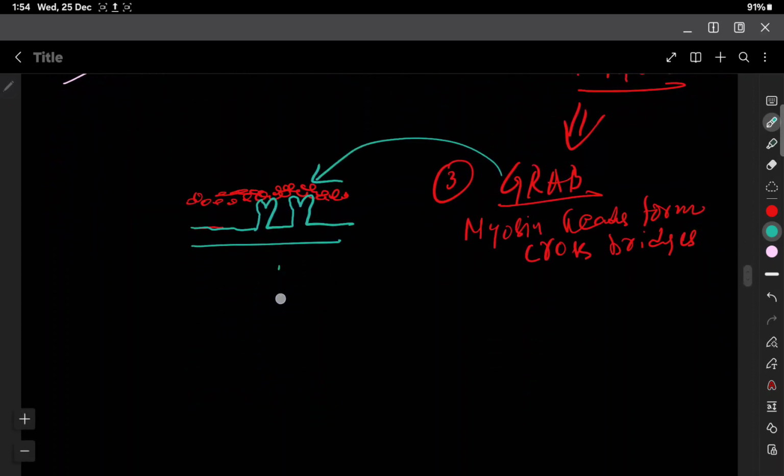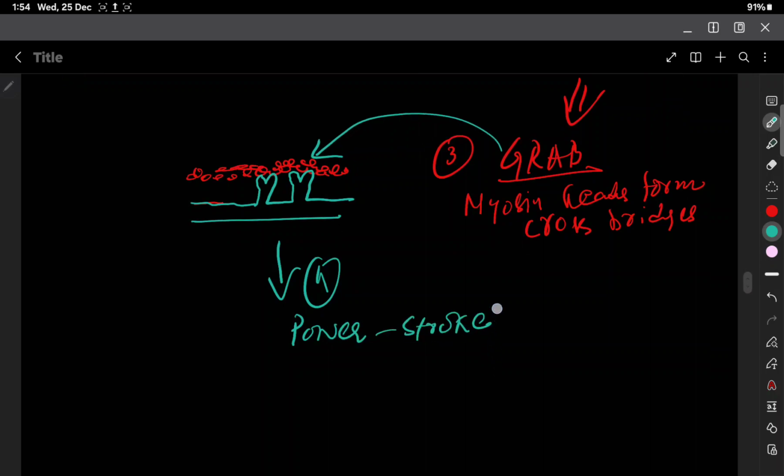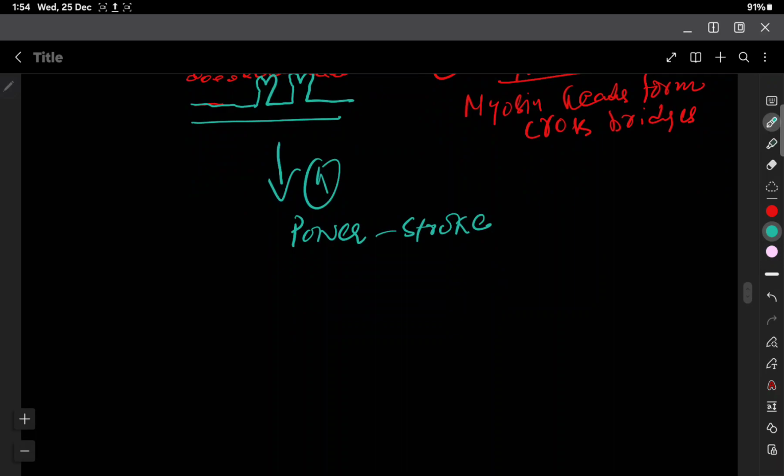Now the fourth step, what happens in the fourth step? It is grab, and now the fourth step we call the power stroke. In the power stroke, what will happen? Just like a sweeping. You can see the direction of the myosin filaments now.